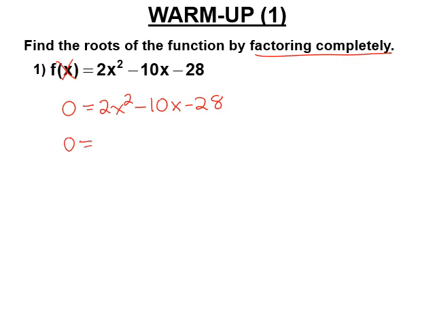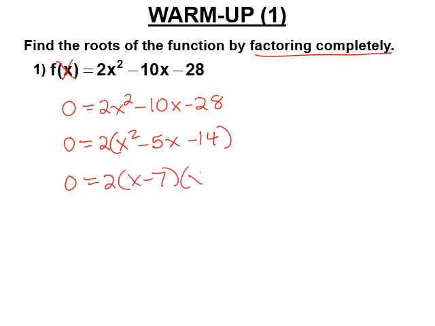In fact, there is a 2. And so the roots of this quadratic function, the values of x that will make the equation equal to 0, are 7 and -2.